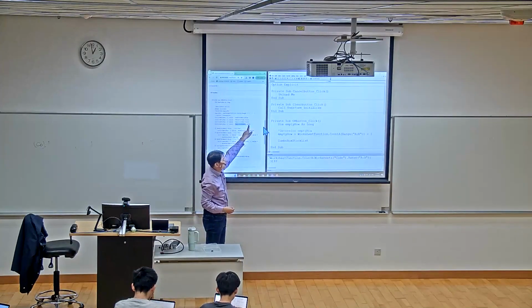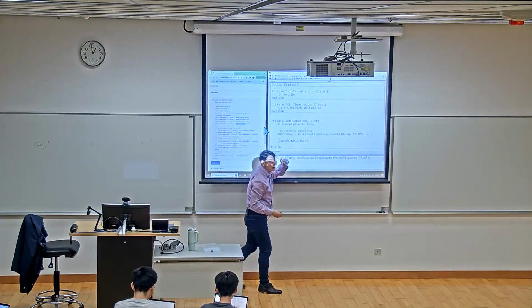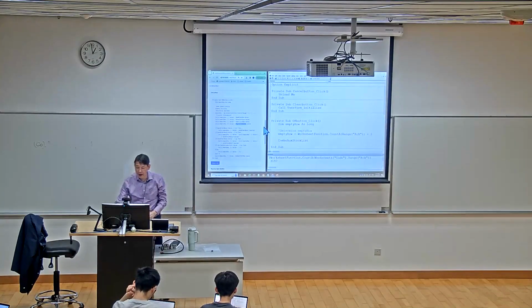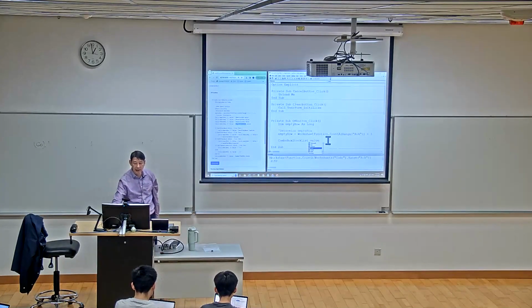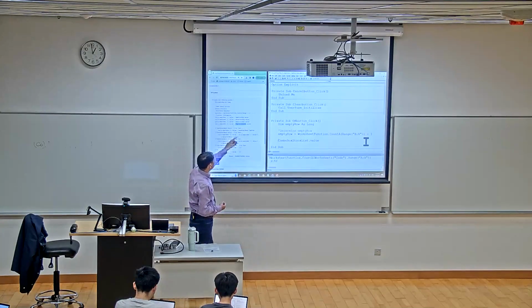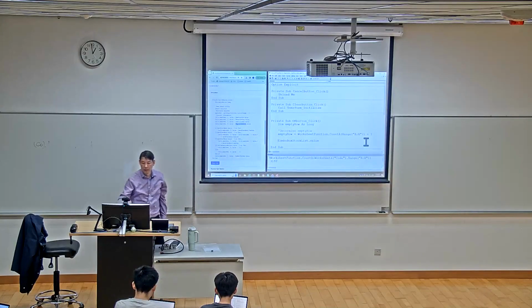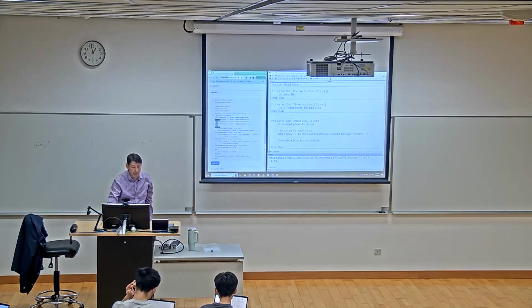Combo box dot value. That way we can get the value from the combo box, the item being selected by the user, represented by dot value. So where do you want to put it? I want to put it into the new row, which is the empty row.